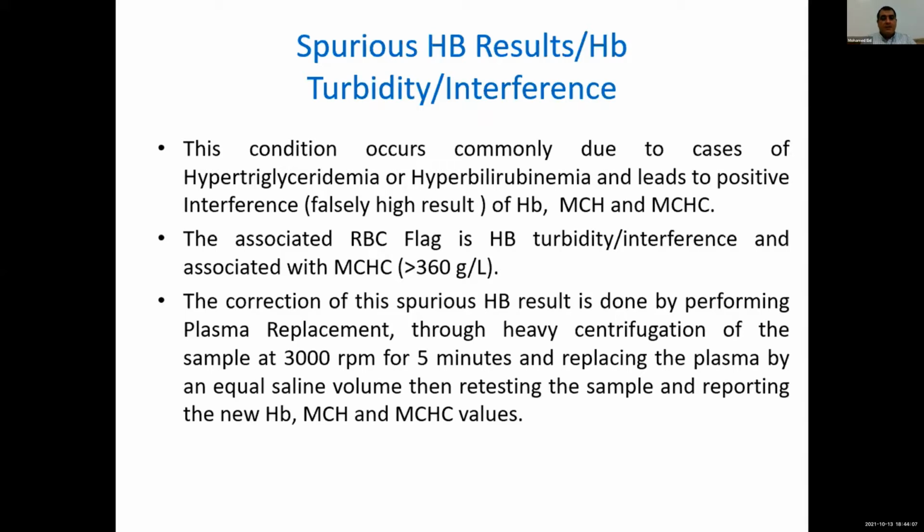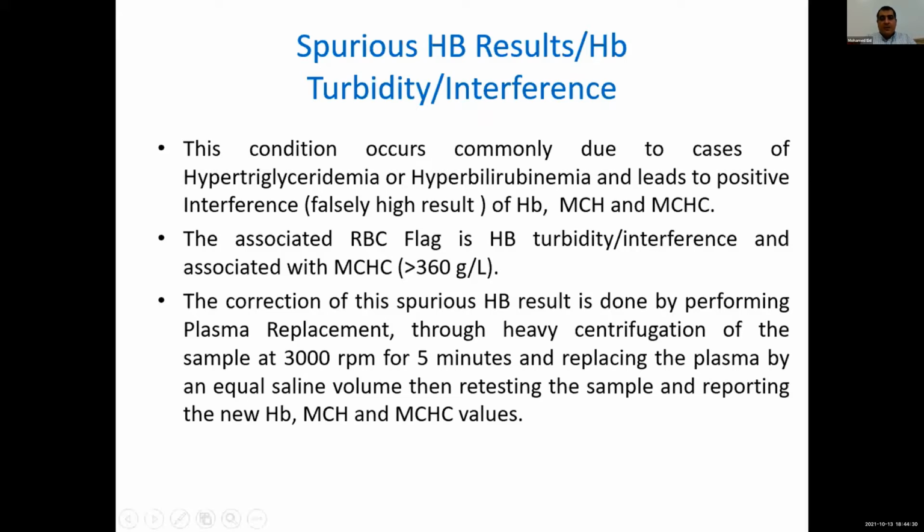As I mentioned, we'll select some important situations with spurious CBC, and we'll see how the CBC flags and the peripheral blood film will help us in the proper diagnosis and the correction of this condition. First of all, the spurious hemoglobin result or hemoglobin turbidity.